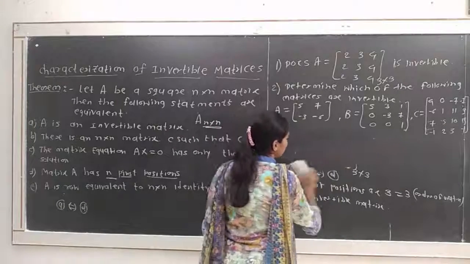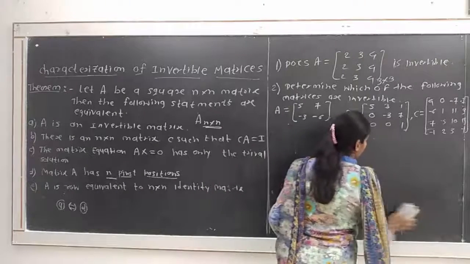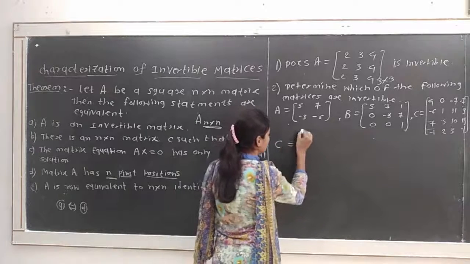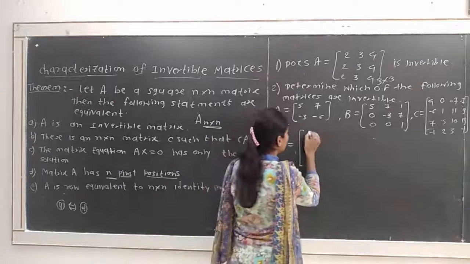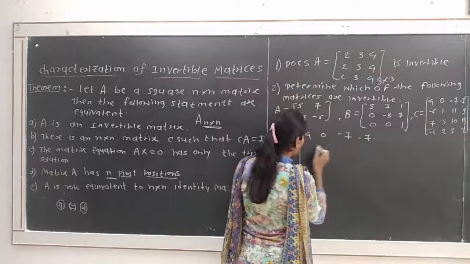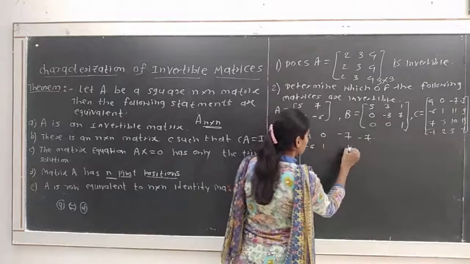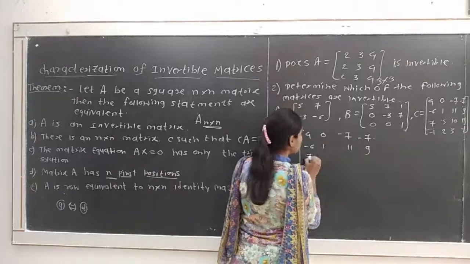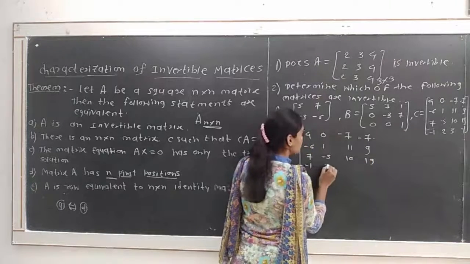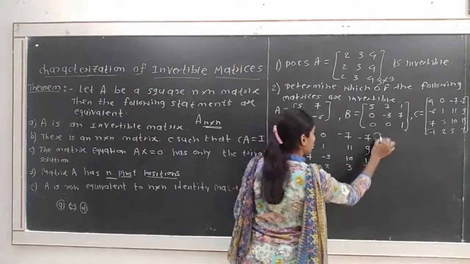Then we see the last example, that is the last matrix C. Here we write the matrix C, whose entries are 4, 0, -7, -6, 1, 11, 9, then 7, -5, 10, 19, -1, 2, 3 and -1.